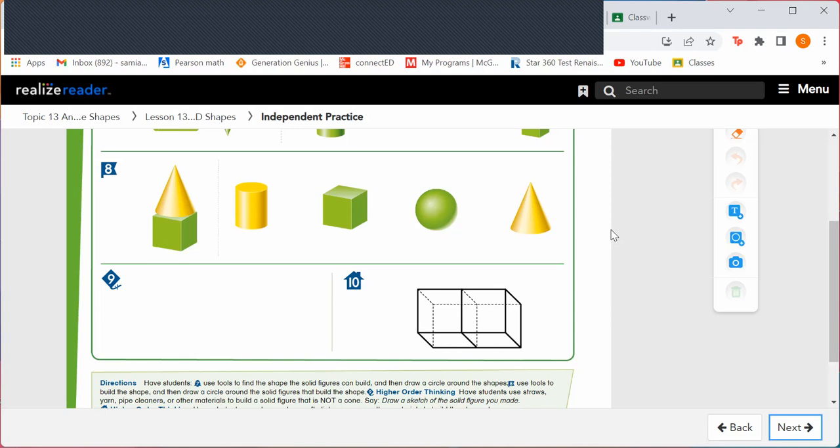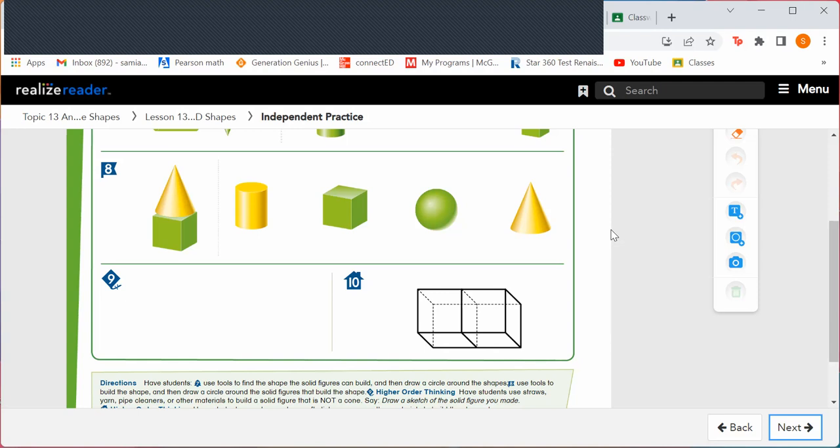For number 9, you get to use straws or yarn, pipe cleaners, or other materials to build a solid figure that is not a cone. So anything but a cone. You are not going to build a cone. So any other solid figure.